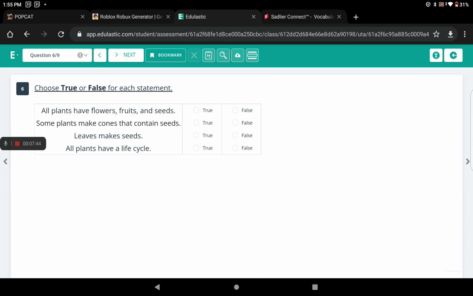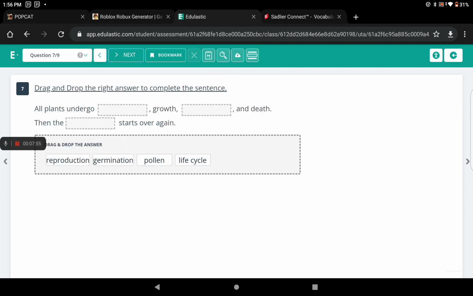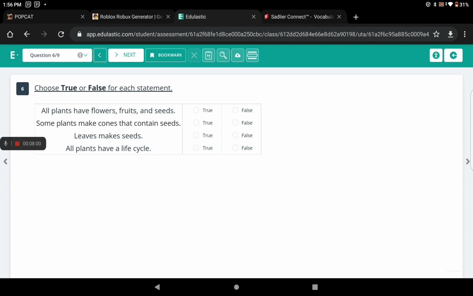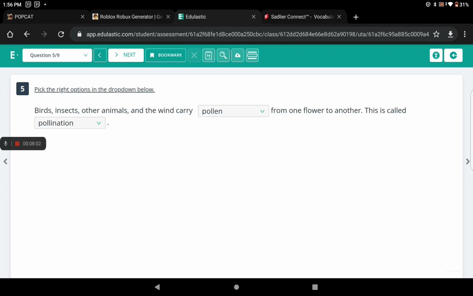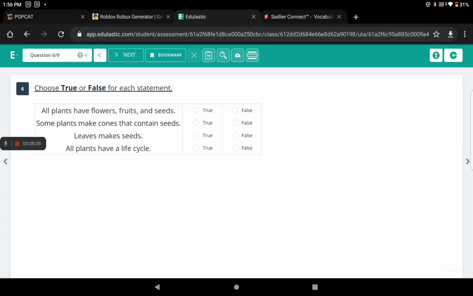I'm going to repeat the sentence. Make your choice. This is called germination or pollination. Make your choice.